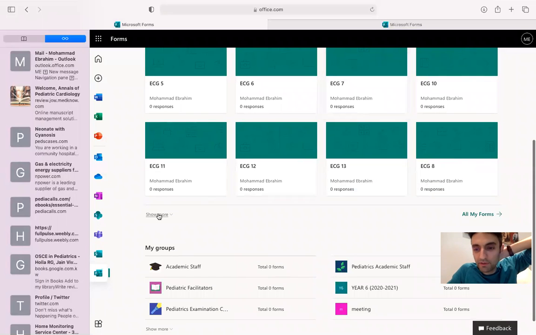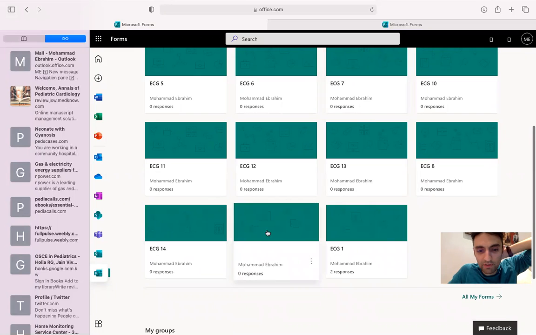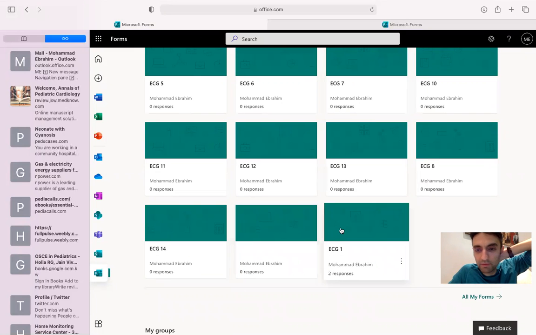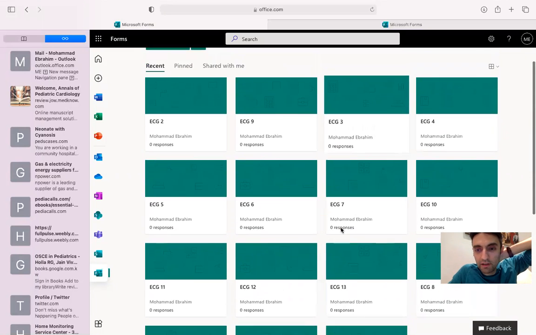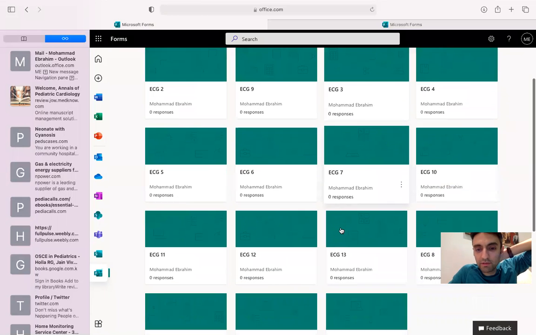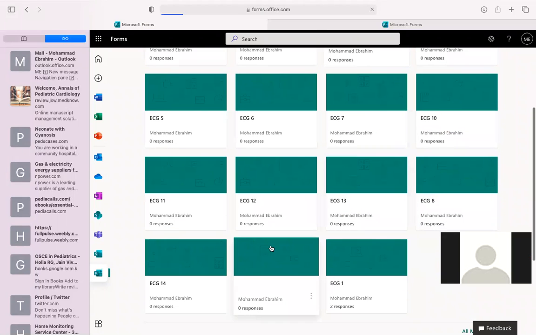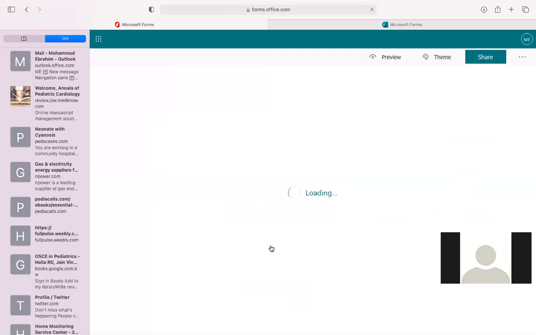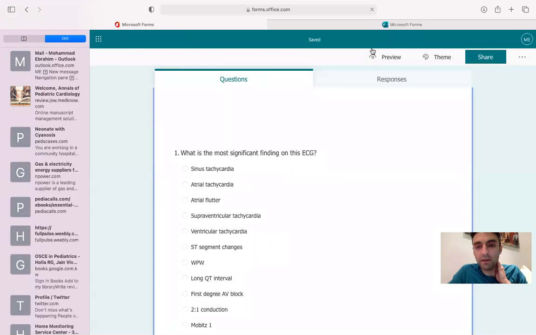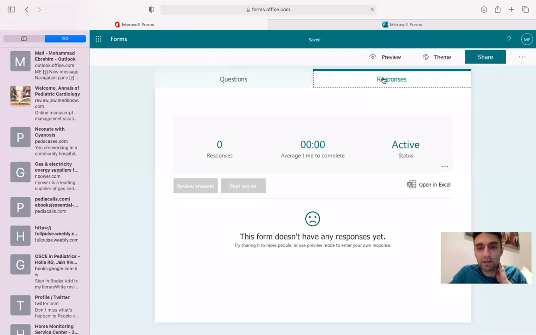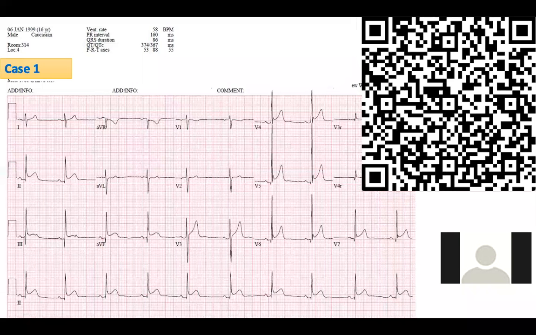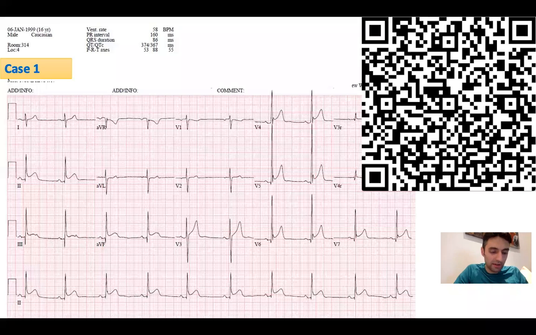We'll try the other one. Inshallah, the other one works. But that's strange. Oh, ECG 1. I don't see any. The response is very weak; after submit it loads a lot. So maybe it takes time. Okay, anyway, let me try myself.